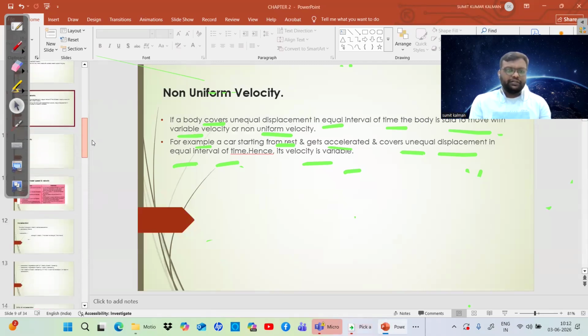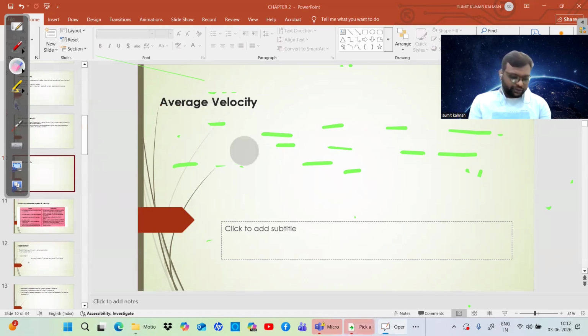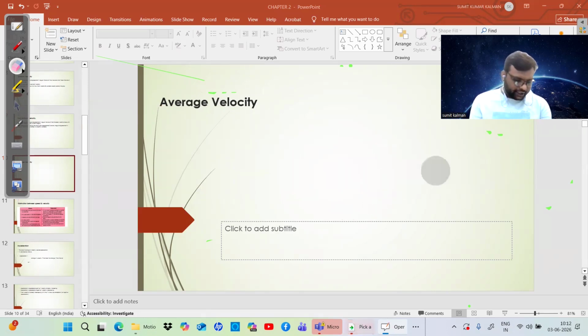Now next is average velocity. So students, here we will see what average velocity is.